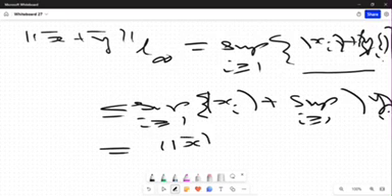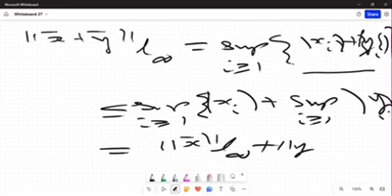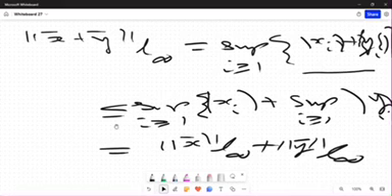This is simply the norm of x bar in L infinity, plus the norm of y bar in L infinity. So what have you done? You have just shown that this norm is less than or equal to the norm of x bar in L infinity plus the norm of y bar in L infinity. That's the triangle inequality. Is it not?